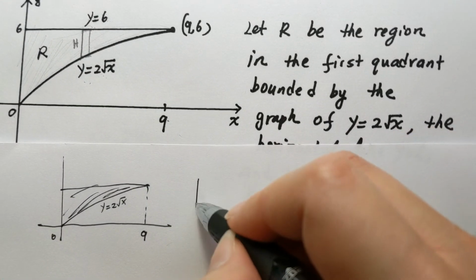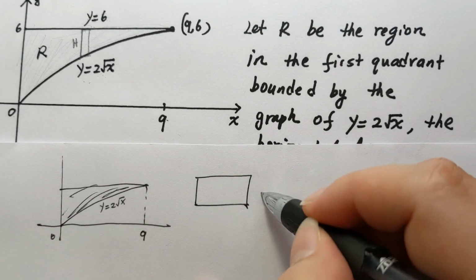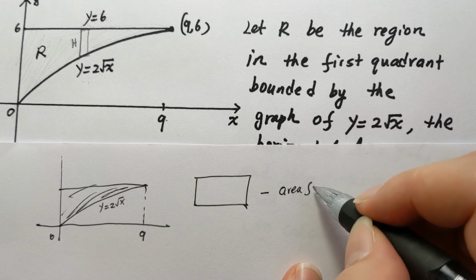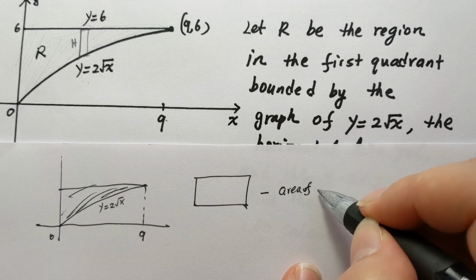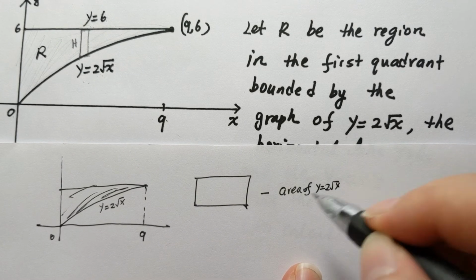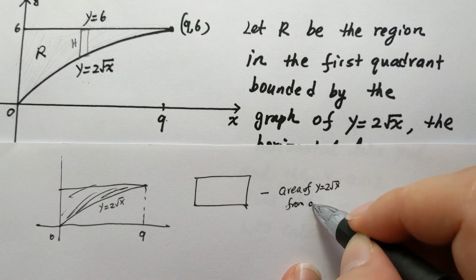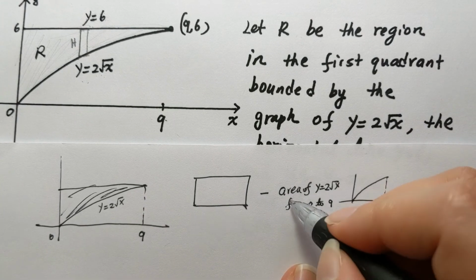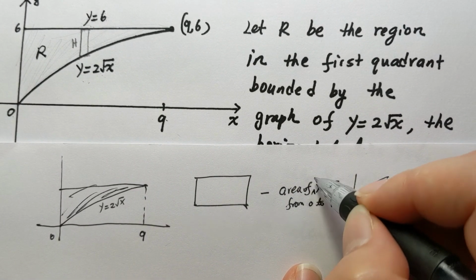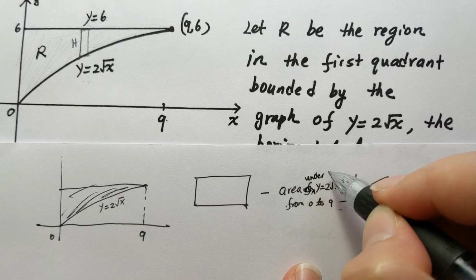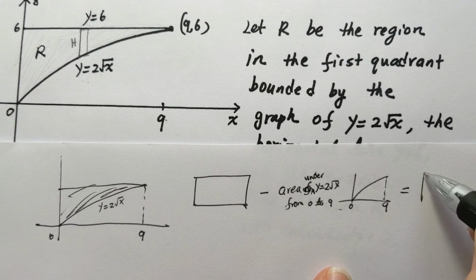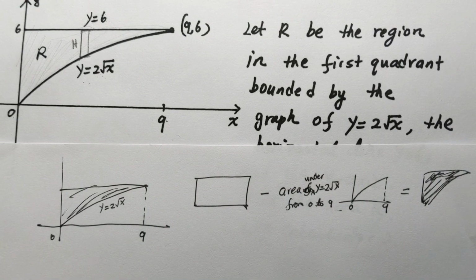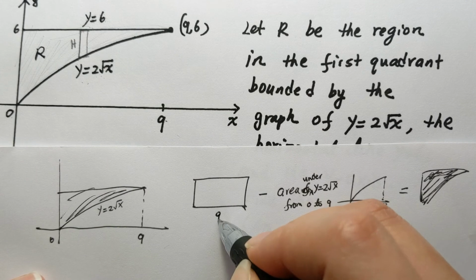So we use the area of the rectangle and subtract the area under the curve from 0 to 9, and that equals the shaded region.